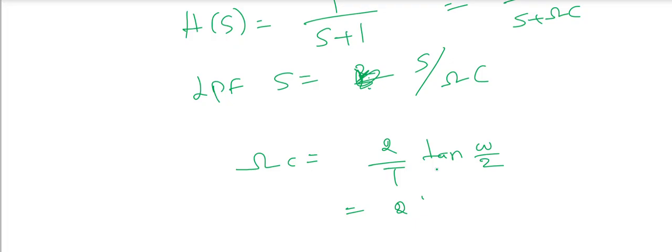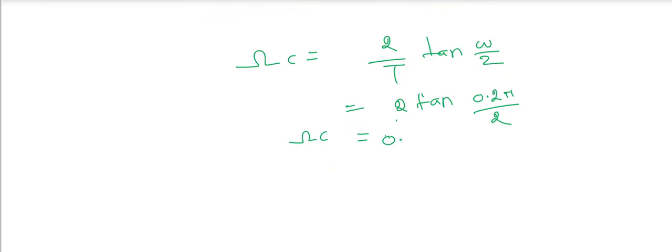If it is not given, you take T as 1. So 2 tan, with 3 dB bandwidth of 0.2 pi given, 0.2 pi by 2, so omega c is equal to 0.65.